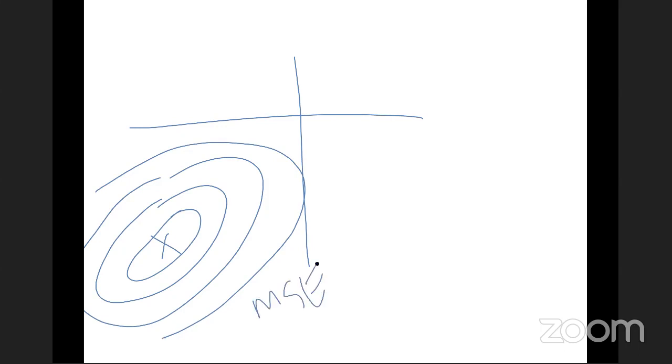Mean square error contours. And then you also have contours for the L1 penalty. Those will look like rhombuses, which are actually squares tilted at 45 degrees.